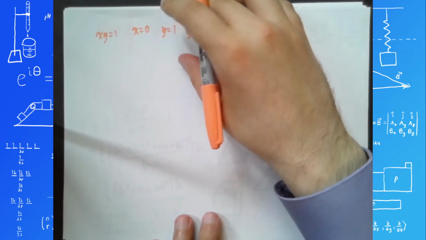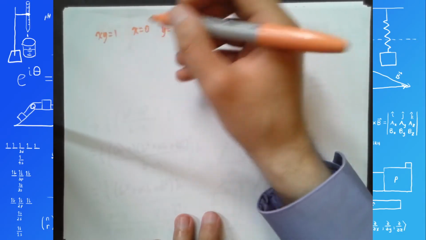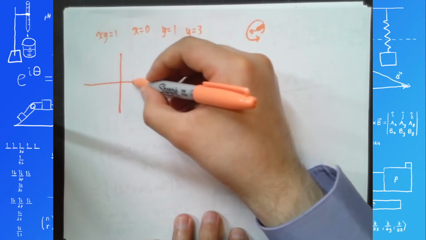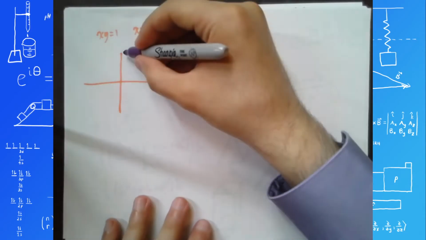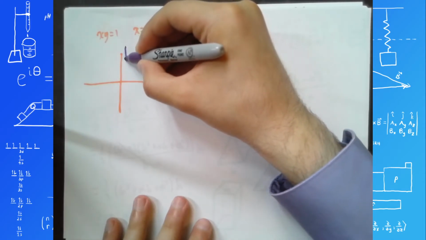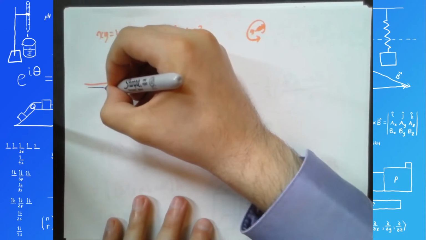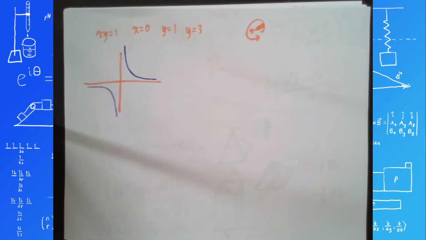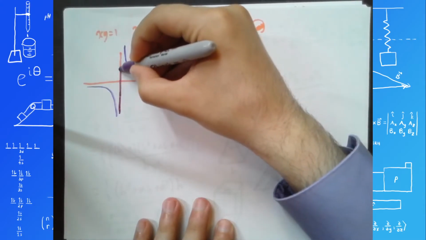Let's go ahead and draw that and see what we're looking at. So xy equals 1 is the same as, if you divide both sides by x, y equals 1 over x. So that would look like so. Xy equals 1 would end up looking like this. Then we've got x equals 0, which is this right here.